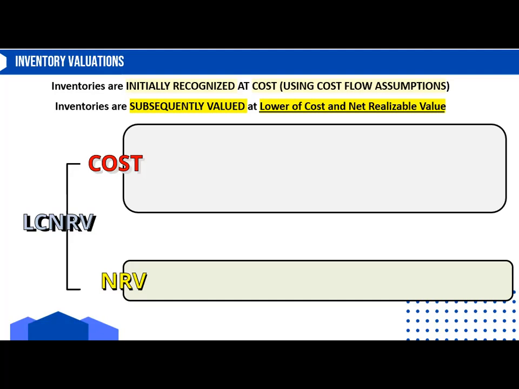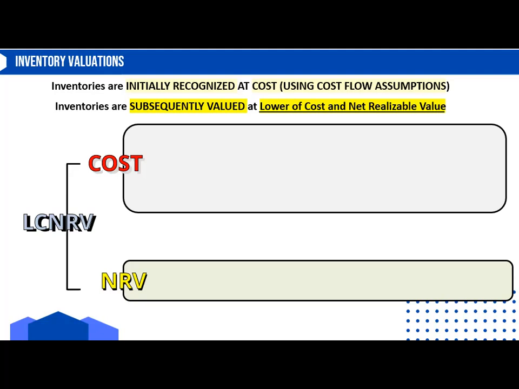And then I know that my cost is at 10,000. Sa subsequent measurement, what it's telling you lang would be, you should record at the lower of your cost and NRV. Kaya LCNRV. Lower of cost and NRV.